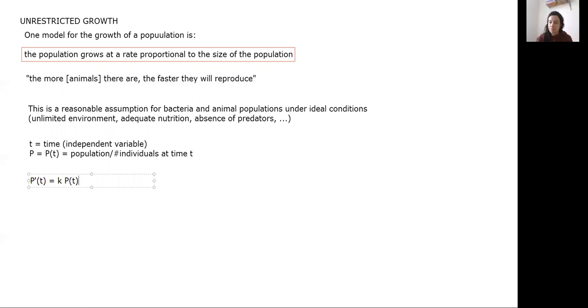Okay? Does everybody understand this part? I don't have questions in the chat either. Yes, Xiaoshen, you understand? Okay, good. What's k? k is just some constant of proportionality.